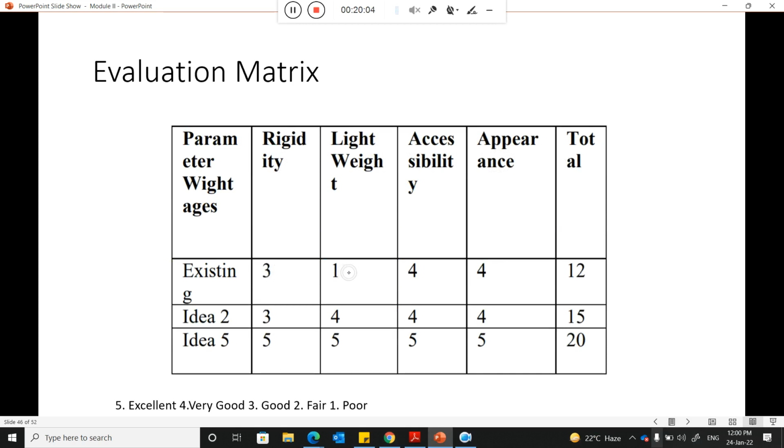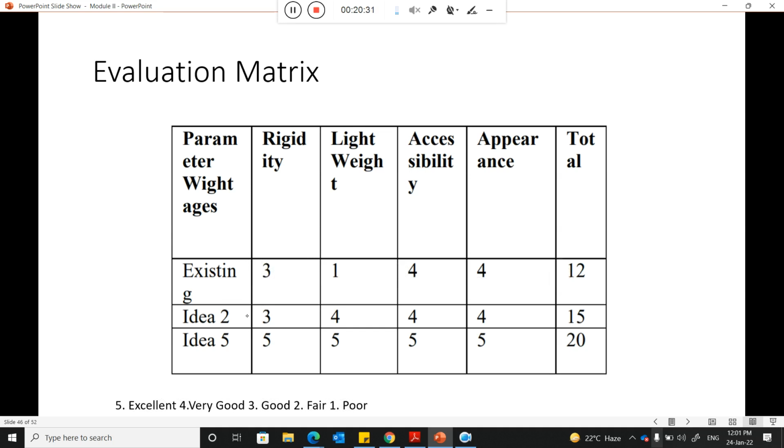The rigidity is 3. The numbers given are 5 meaning excellent, 4 very good, 3 good, 2 fair, and 1 poor. That matrix is filled up by some experts. Existing has rigidity 3, its lightweight is very low because it is a heavy handle, accessibility is 4, appearance is 4, and the total is 12.